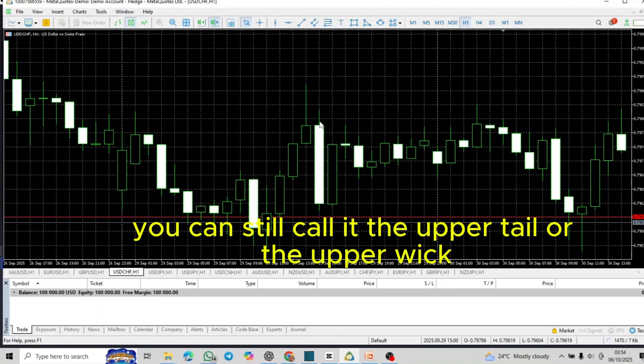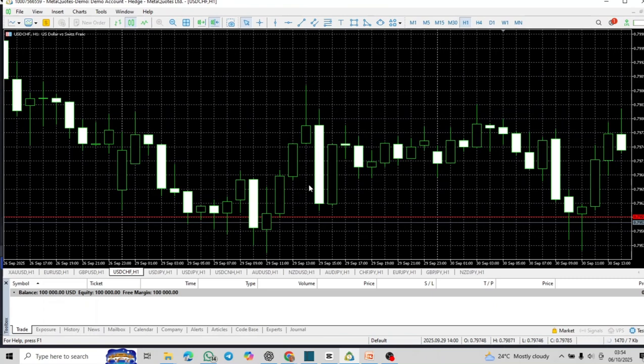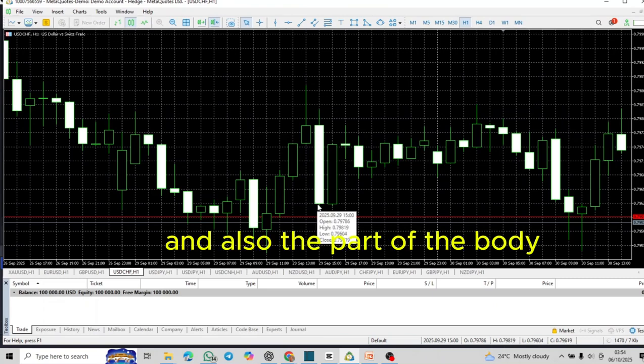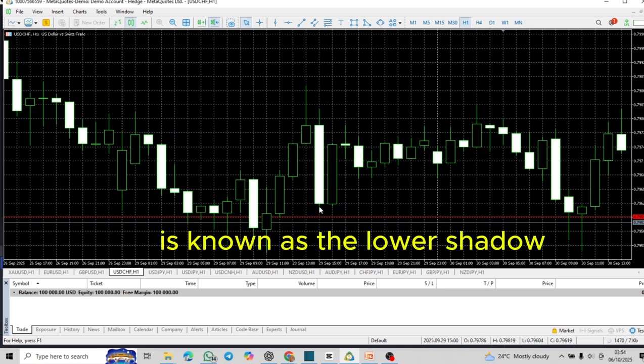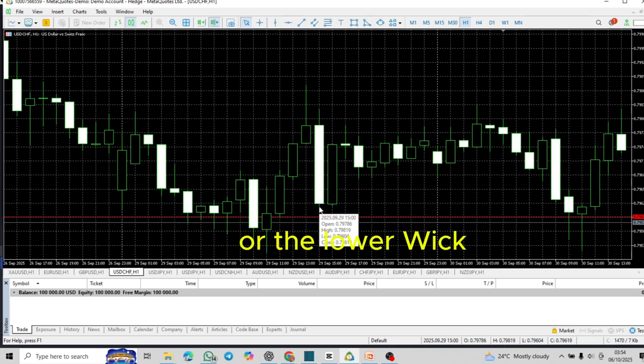You can still call it the upper tail or the upper wick. And the part between the body and the low is known as the lower shadow, or the lower wick, or the lower tail.